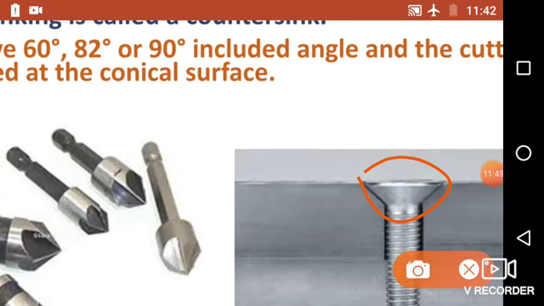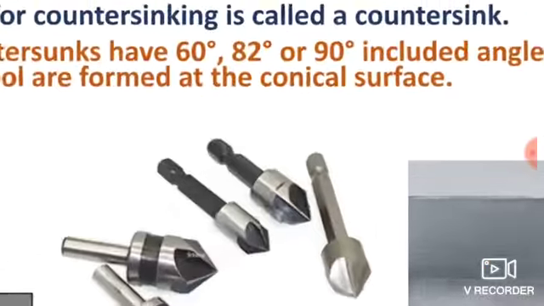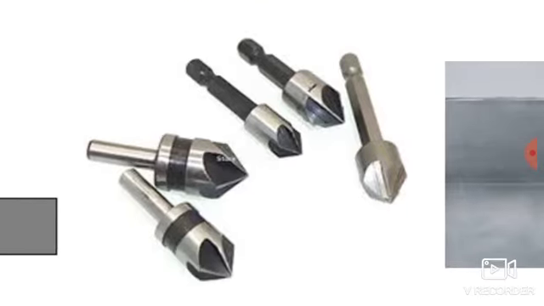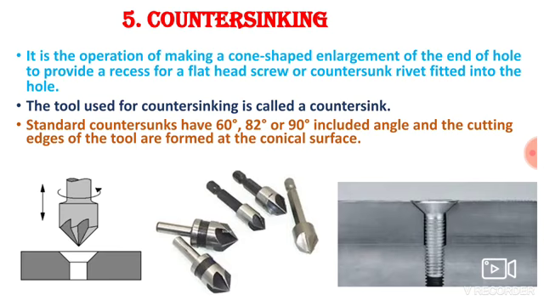In this conical feature we can attach a screw, and these are counter sinking tools with which we can perform a counter sinking operation. The standard countersunk have 60 degree, 82 degree or 90 degree included angle, and the cutting edges of the tool are formed at the conical surface. So this is all about the counter sinking operation.